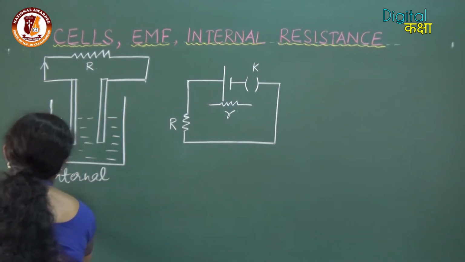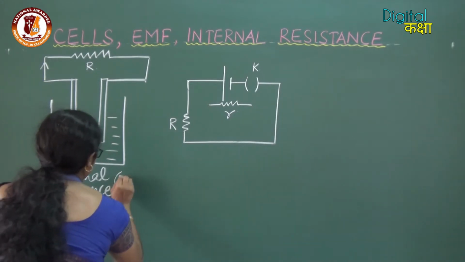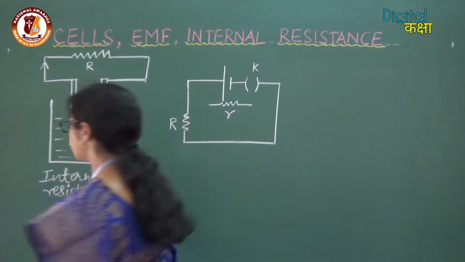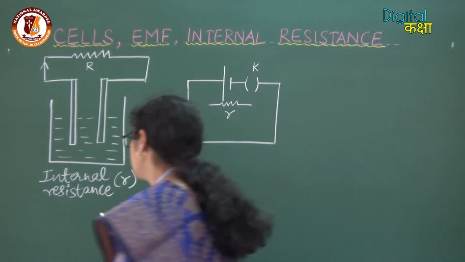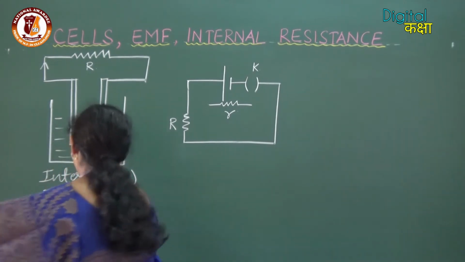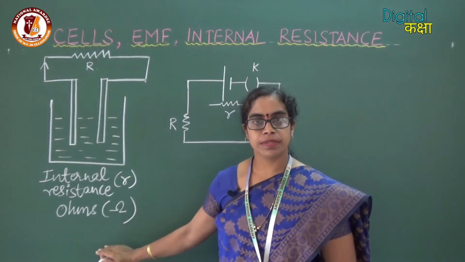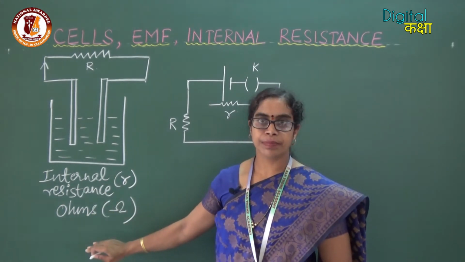This internal resistance is a physical quantity which, according to the standard notations, is represented by r and is measured in the SI unit of resistance, that is, in ohms. So this is about the internal resistance.